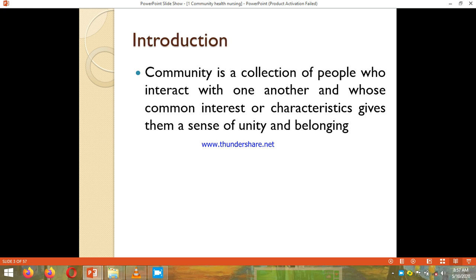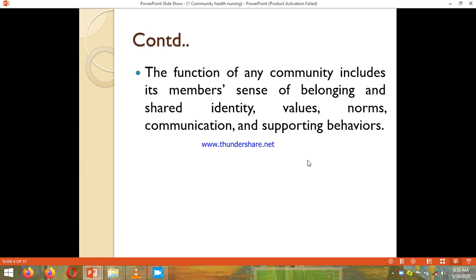Starting with the community. Community is a collection of people who interact with one another and whose common interests or characteristics give them a sense of unity and belonging. For a gathering of people to be called a community, the people must interact with one another and their common interest gives them a sense of unity and belonging. The functions of any community include a sense of belongingness and shared identity, value, norms, communication, and supporting behaviors.